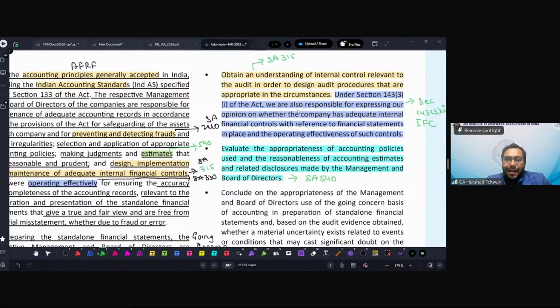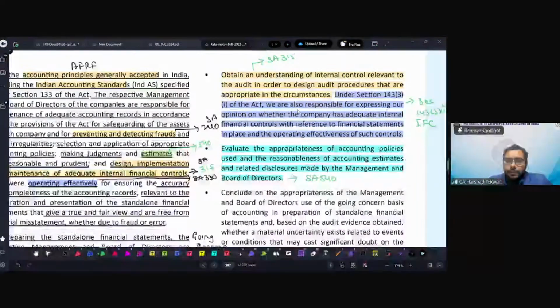Apart from that, there were two different places, I would say, where we have discussed the accounting policies. One, remember we discussed SA 510.